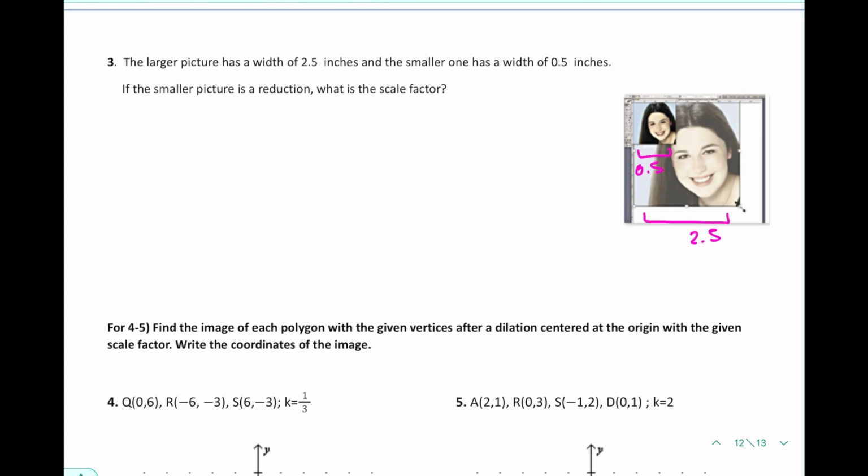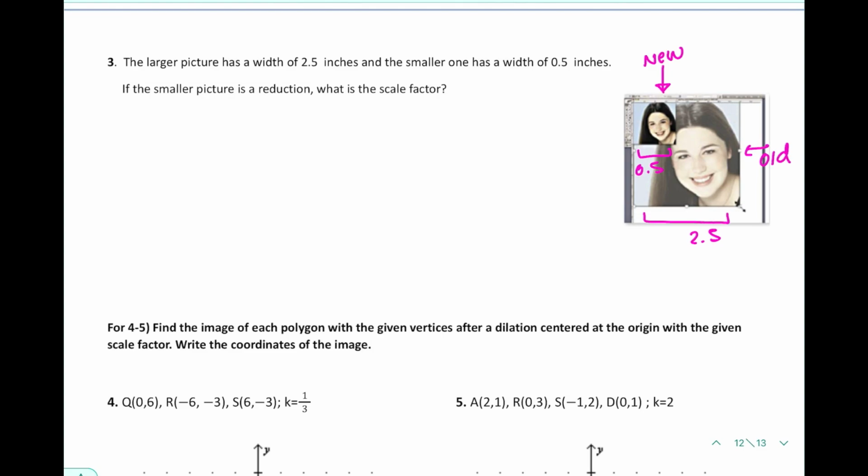If the smaller picture is a reduction, what is the scale factor? So here's the thing, it is kind of hard to tell based off the diagram which one's old, which one's new, but we are told that the smaller picture is a reduction. So that means that is the new one and we started out with the larger figure. Oops, sorry, old.